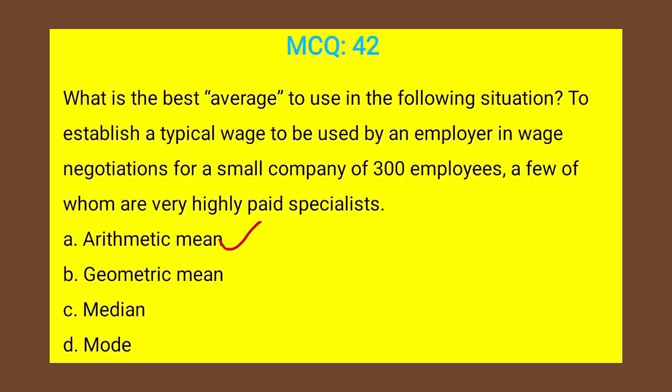For the geometric mean, most of the time it deals with percentages. We are talking about the average wage or salary to be paid, not a percentage. Median will be a middle value, mode will be the most frequent, and none of these will be applicable except the arithmetic mean. So it's very important that you understand that. So it's arithmetic mean. Let's move on.